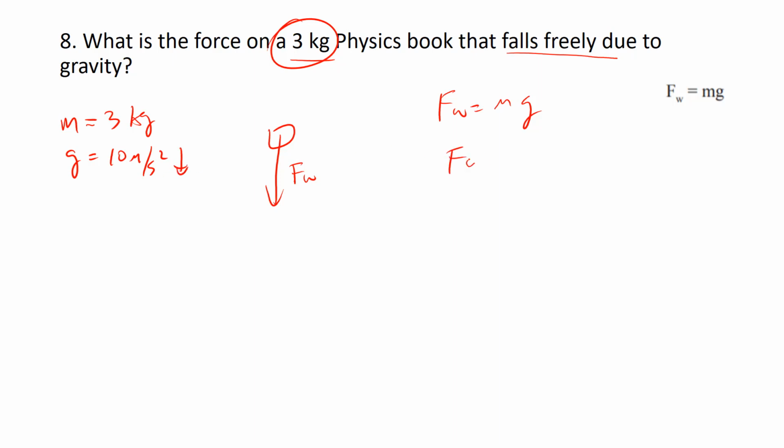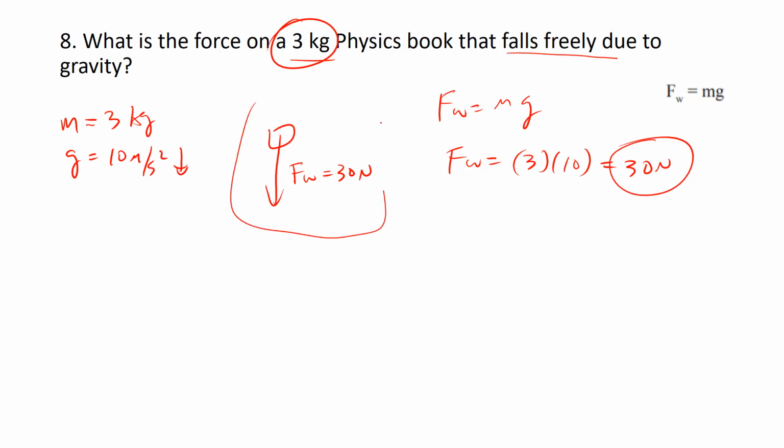And now we can solve for weight. Weight equals 3 times 10, which is equal to 30 newtons. And I can always throw that back in here. And this would be a free body diagram of this picture right here.